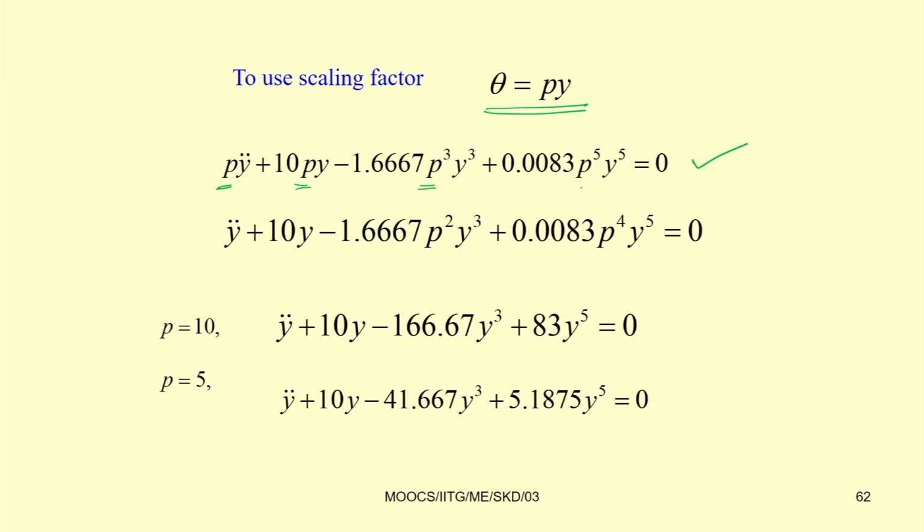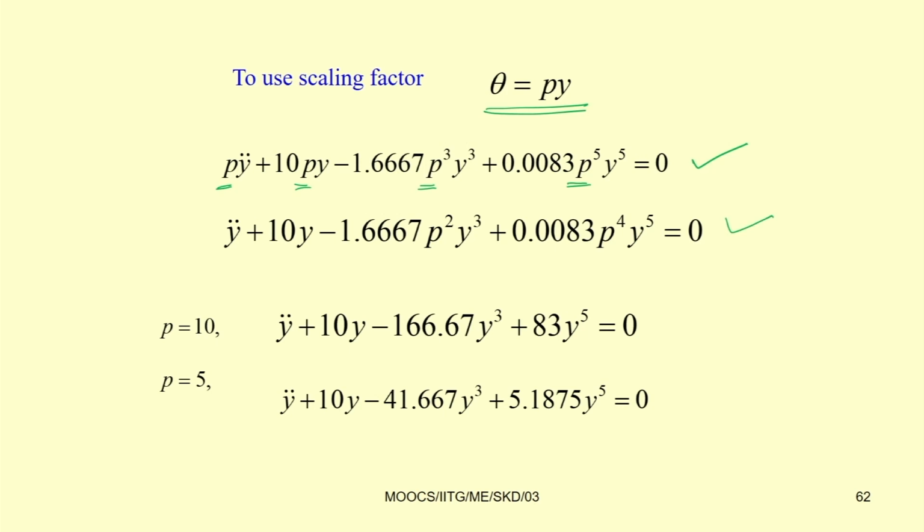In every term you have p, so you can take a common p and write this equation as p into y double dot plus 10 y minus 1.6667 p square y cubed plus 0.0083 p to the power 4 y to the power 5 equal to 0. We are taking p not equal to 0, because if p equal to 0, then theta will be equal to 0. So, as p is not equal to 0, this must be equal to 0.